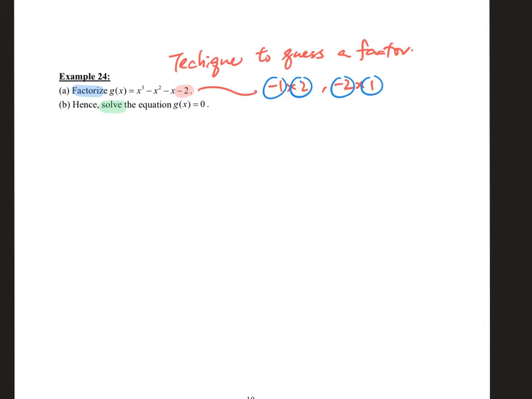What do I mean? When you check, for example, g(minus 1), you can check for minus 1 cubed minus negative 1 squared minus negative 1 minus 2. And the calculation is minus 1, minus 1, plus 1, minus 2. So that's minus 3, which is not 0. It failed, sorry.